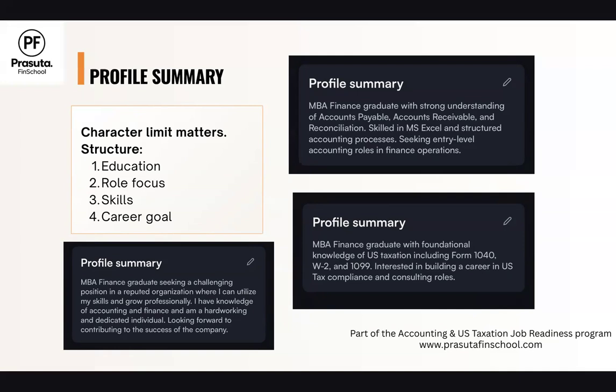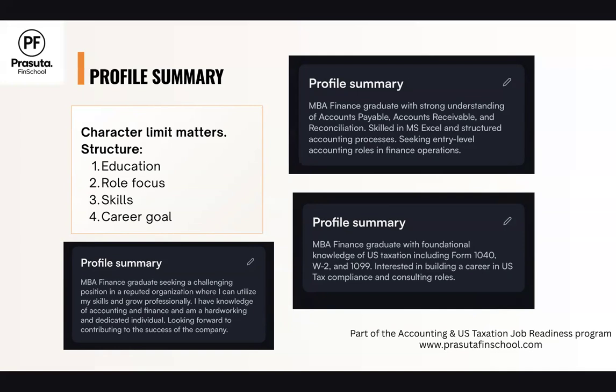So how to structure it properly? There should be limited characters, because long sentences are what recruiters will never read. So characters should be limited, and you must structure it following this particular format, that is starting with education, followed by role focus, followed by skill, and it should end with your career goal.